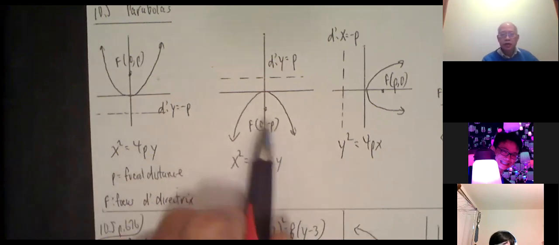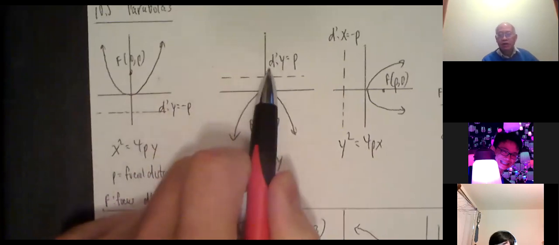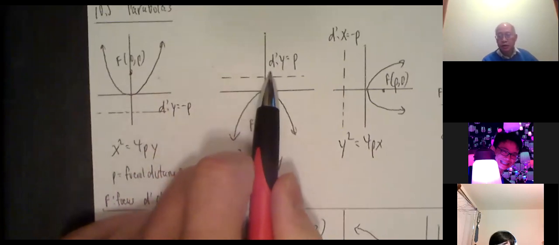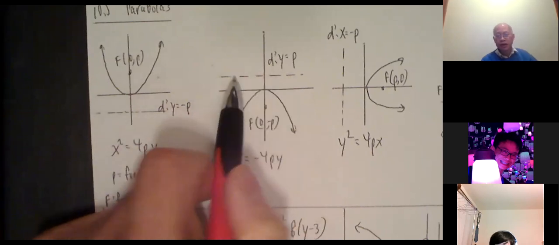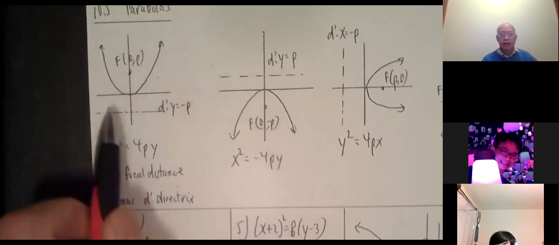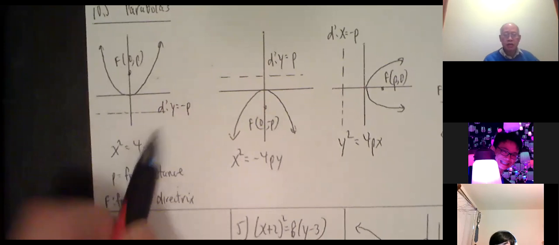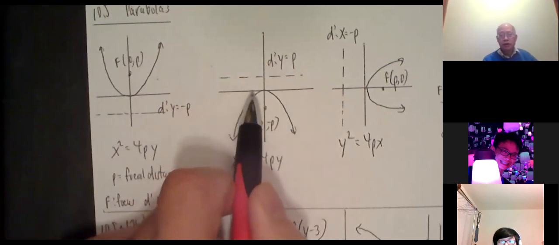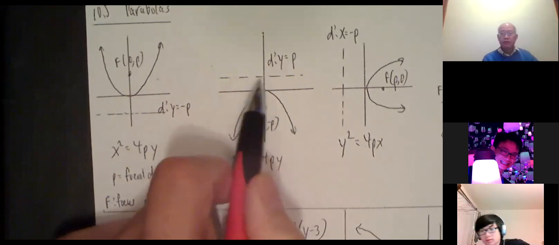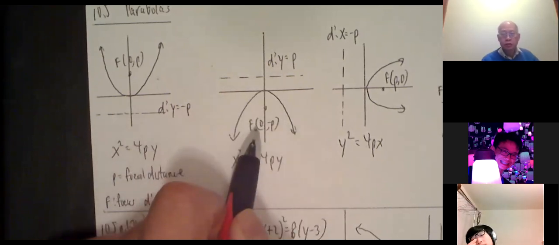So he would call this (0, p), and he would actually write y equals negative p here, even though it's a positive number. That to me is less intuitive. So I like the way I'm doing it. It's more intuitive, I think. So we match here. These are the same. His is technically correct, but I like this better. So you get the same answer, but y equals p, focus (0, negative p).